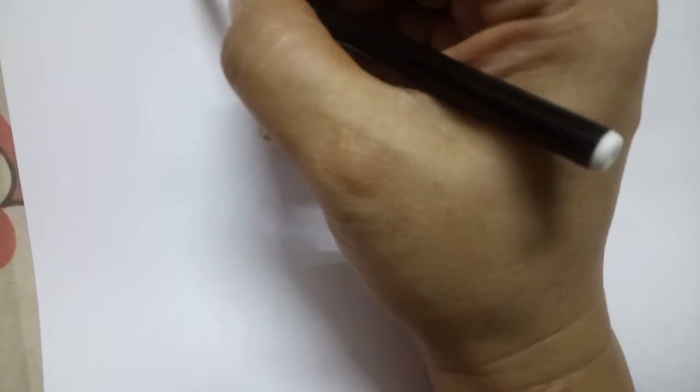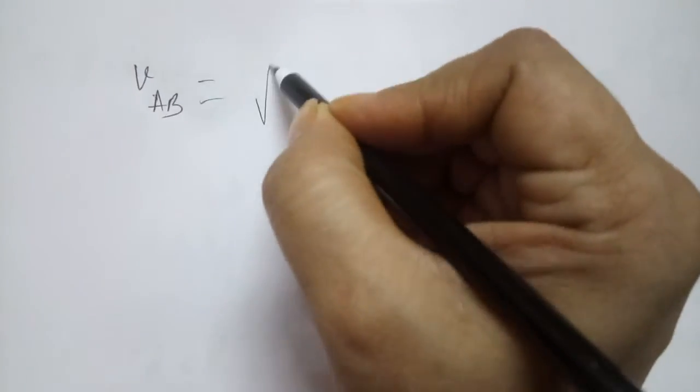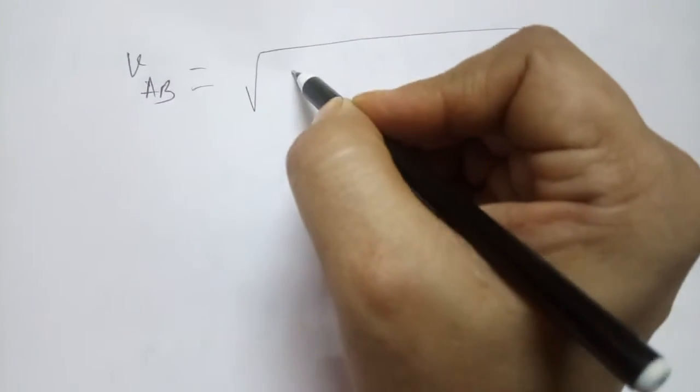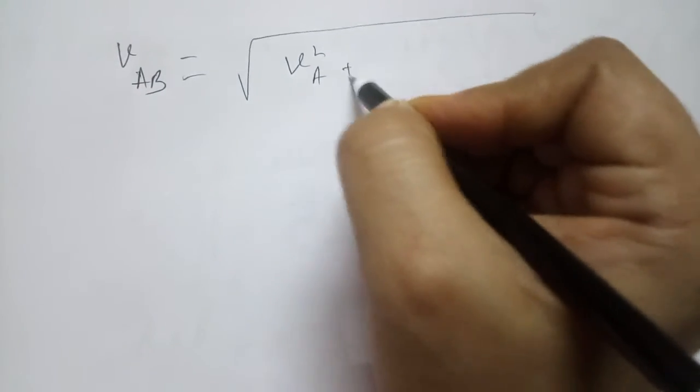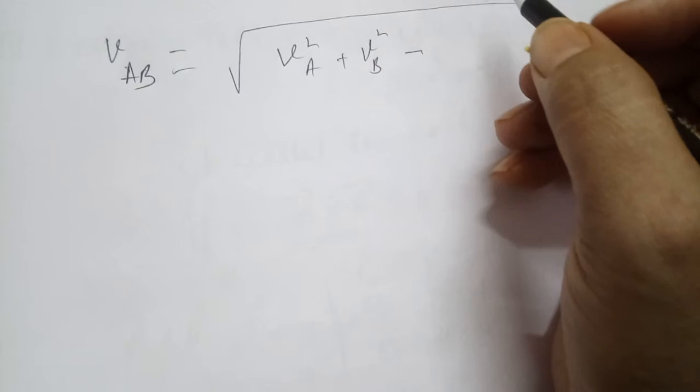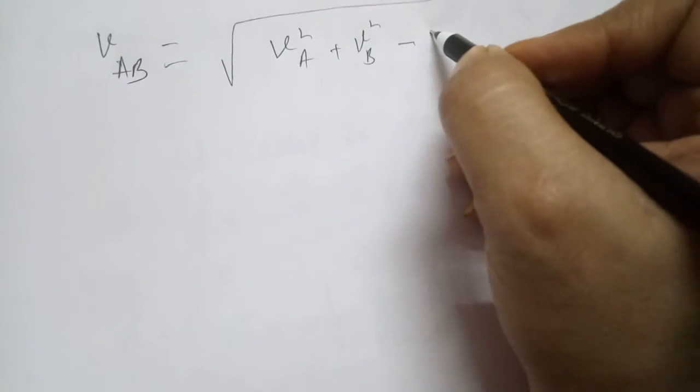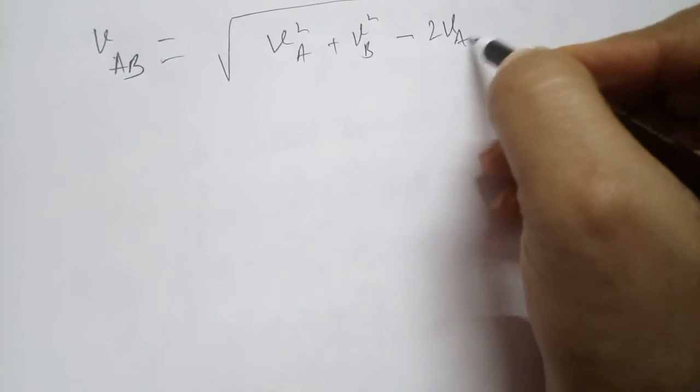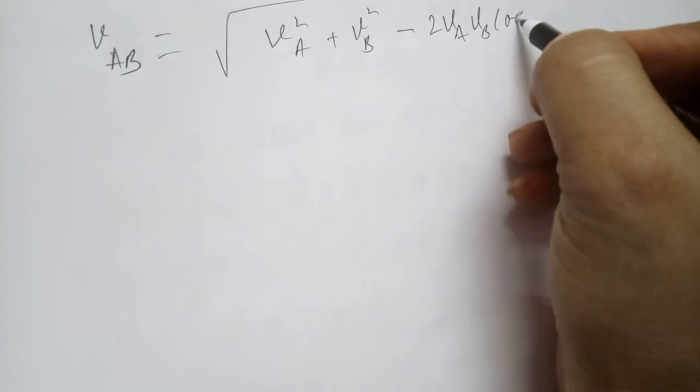So VAB is equal to the square root of VA square plus VB square, and since cos of 180 degrees minus theta is minus cos theta, minus twice VA VB cos theta.